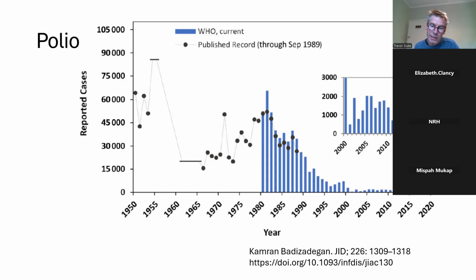But as I said, 20 million people have been saved from having paralysis by the global efforts to eradicate polio. And you can see here, these are reported cases. These are confirmed laboratory reported cases, especially since 1980, and then published records before that. But you can see the dramatic fall in cases of polio throughout the world in that first 20 years.